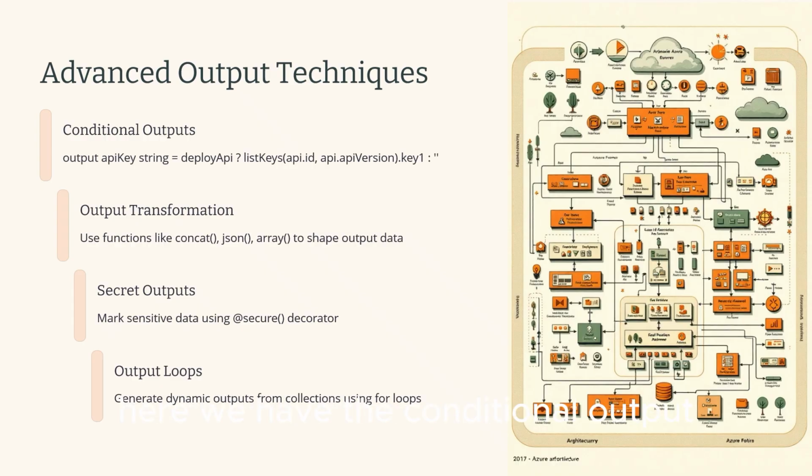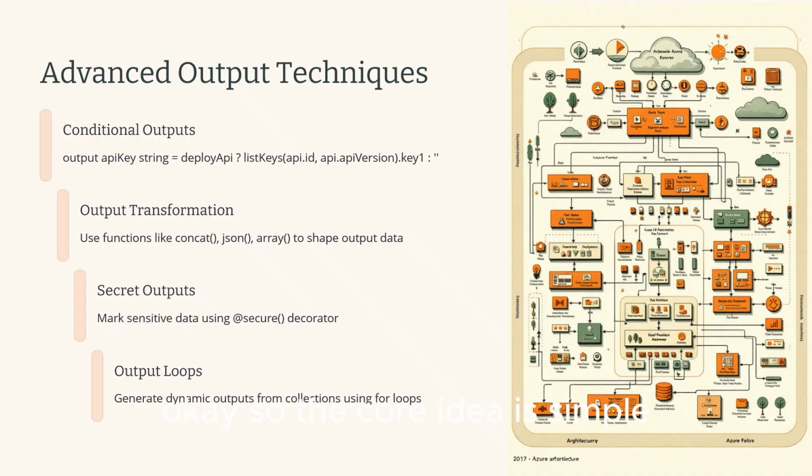Here we have the conditional output. Just like you can conditionally deploy resources in Bicep, you can also conditionally output values. This is incredibly useful when certain pieces of information might only exist or be relevant based on deployment conditions or parameters.